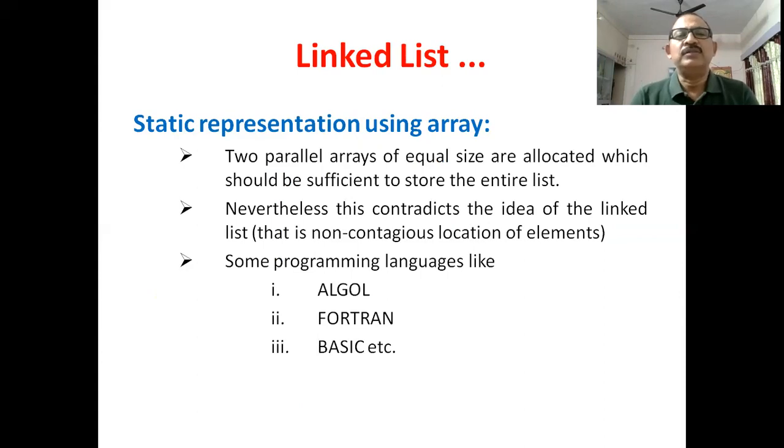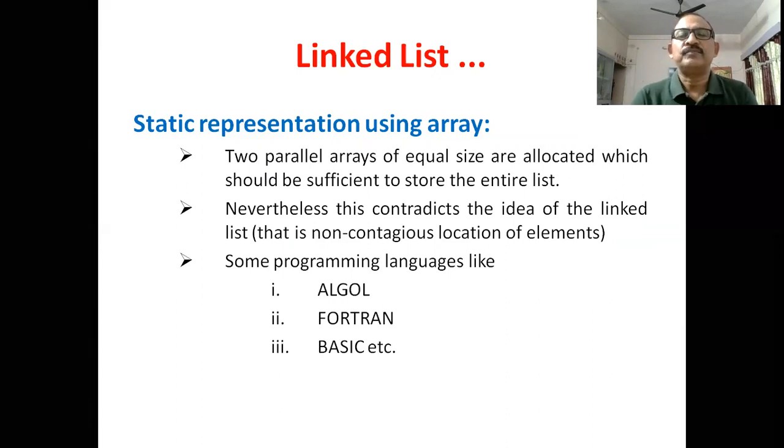These are some points about static representation. Two parallel arrays of equal size are allocated, which should be sufficient to store the entire list. Despite this, it contradicts the idea of a linked list. Some languages do not support dynamic memory management: Algol, Proton, and Basic.